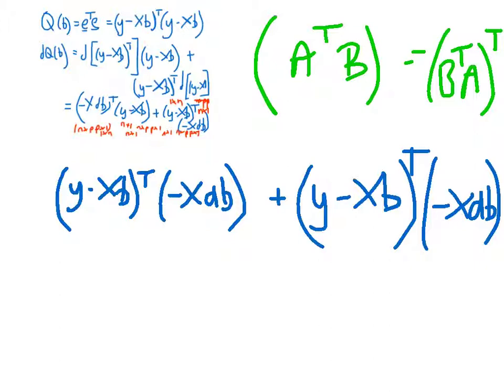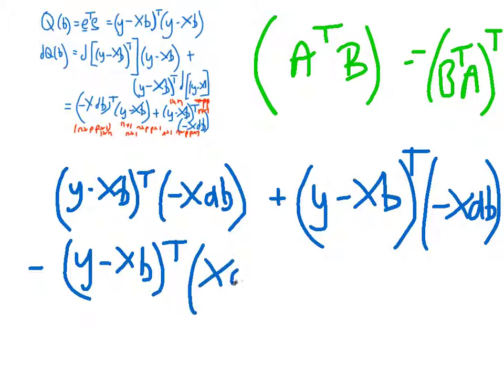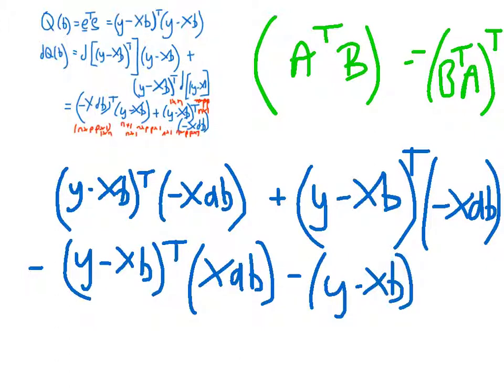Now let's do another little bit of tidying. This of course is y minus xb transpose, and if I bring the minus 1 out, I have minus y minus xb multiplied by x db, and again if I repeat the procedure and bring this minus sign out here, I have minus y minus xb transpose x db.